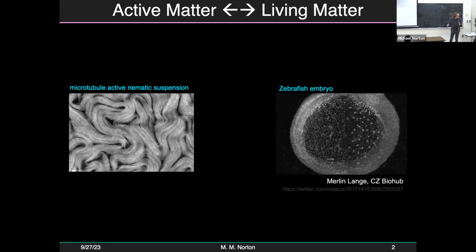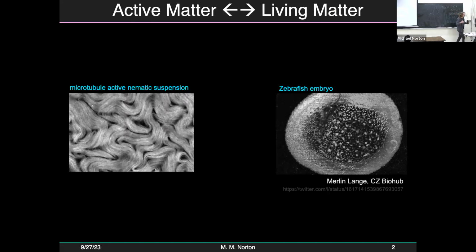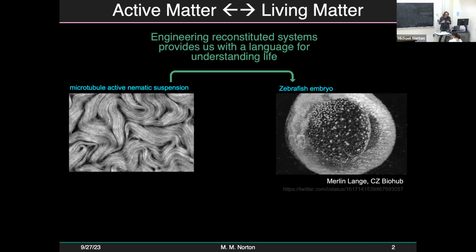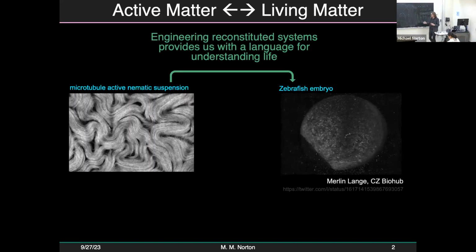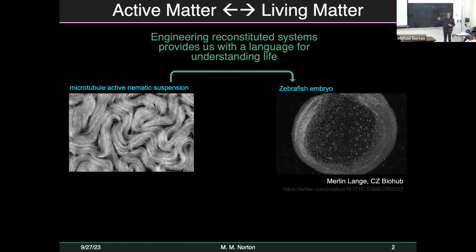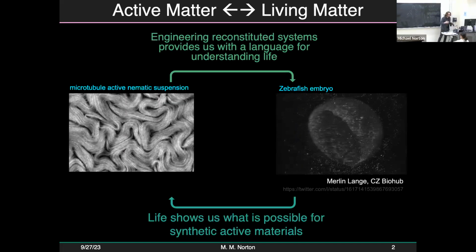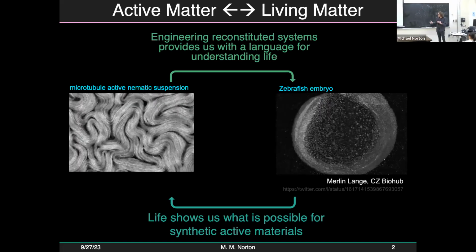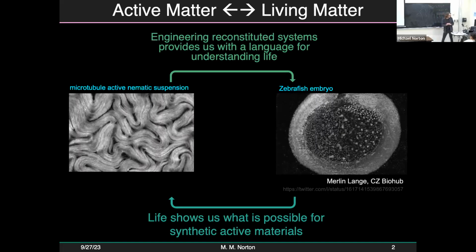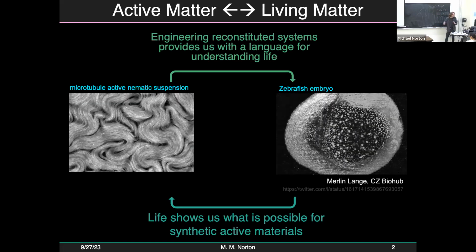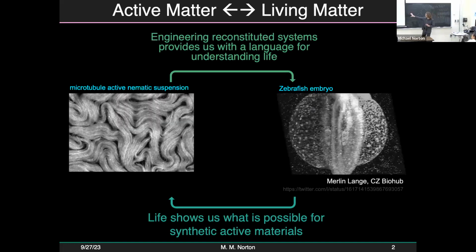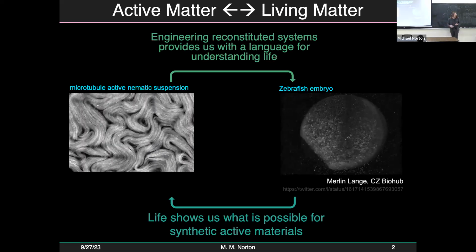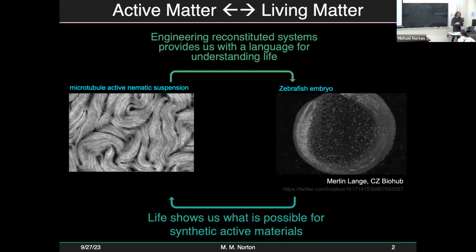I think these two systems are in some kind of conversation with each other, where engineering reconstituted systems provides us with a simplified language for understanding more complex biological systems, while these biological systems also inspire us to build more complex active materials. I see myself more right now on this bottom branch, where I'm looking at biology for inspiration to make these systems more complex.